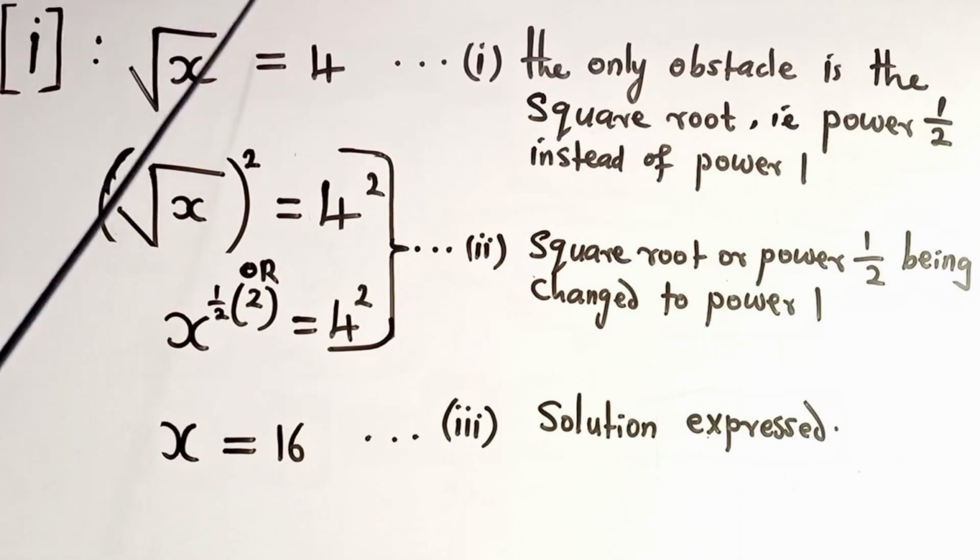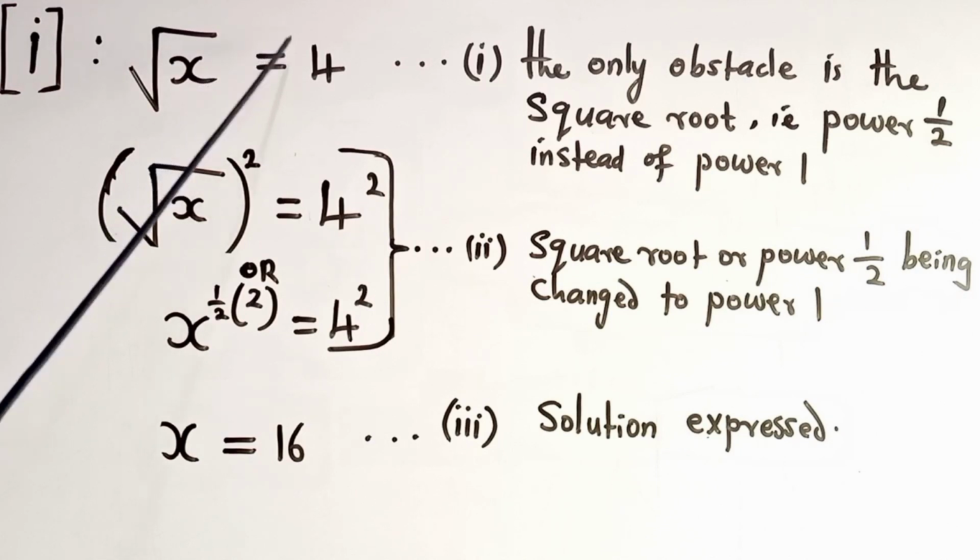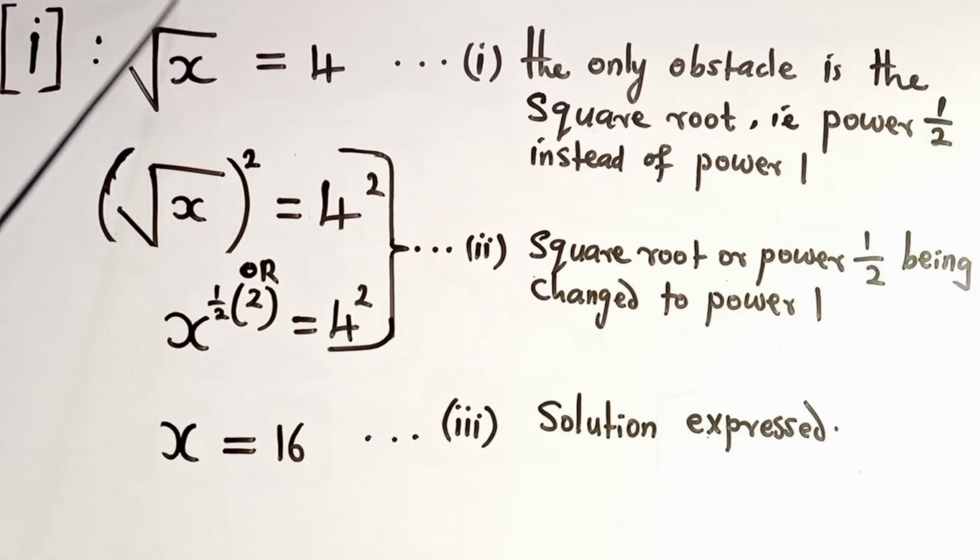So this example simply says that there exists a number called x. Its square root is equal to 4. What then is that number? I know that you can guess that the answer is equal to 16. But guess won't always make you go through.